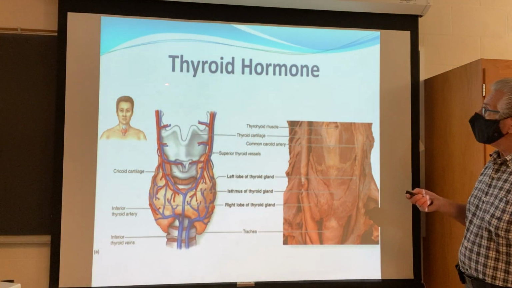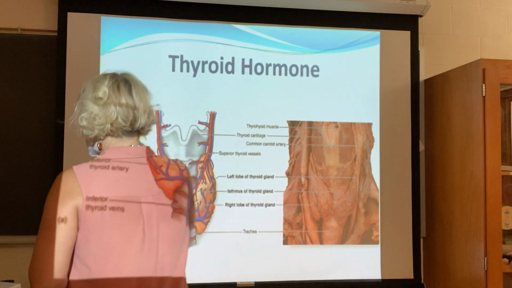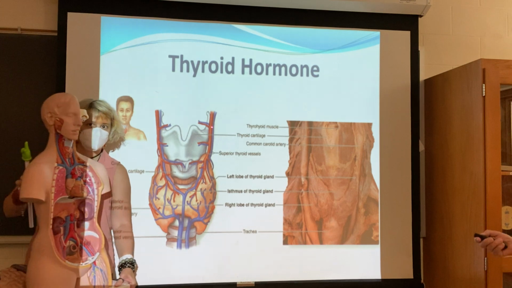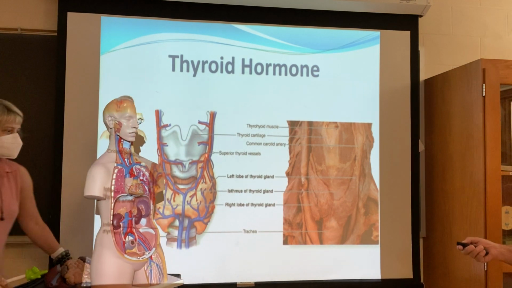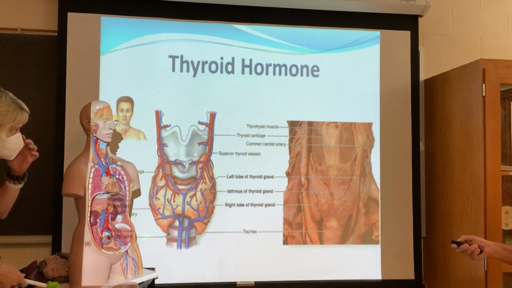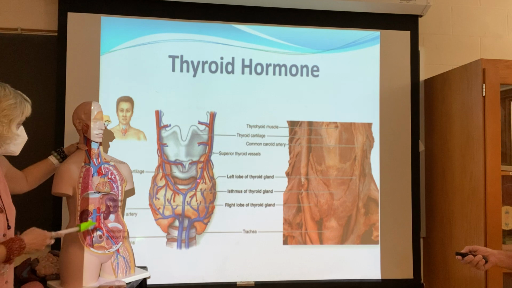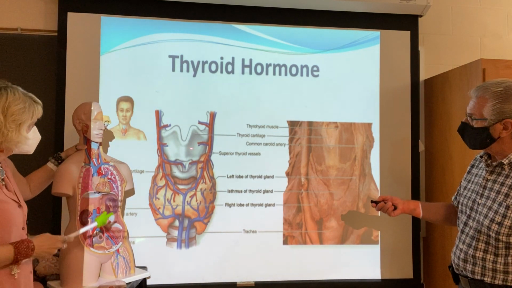So that brings us to our thyroid hormones. Okay, and as you can see, the thyroid is literally attached to our larynx, okay, the inferior portion of the laryngeal region, okay. Here is the Adam's apple, okay.